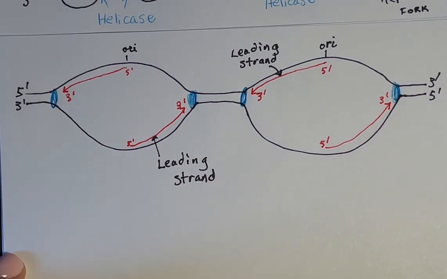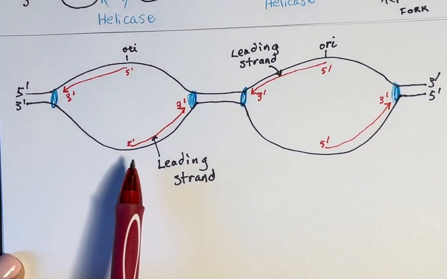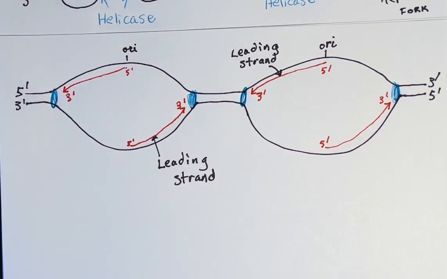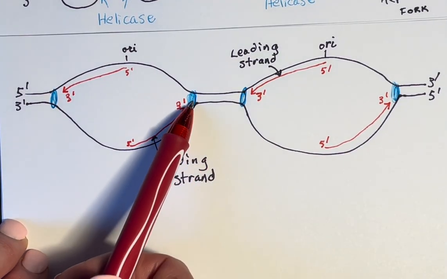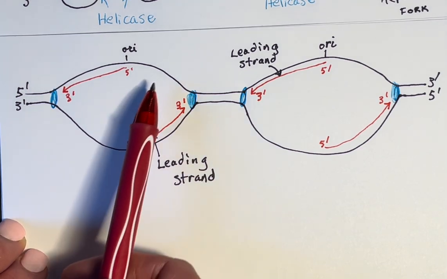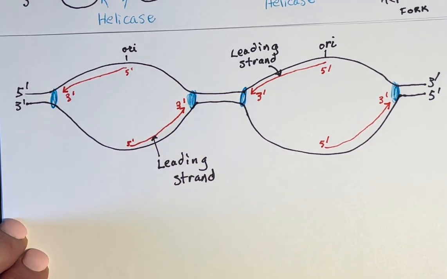So in each replication bubble, we have leading strands. Okay. Now, because of the way the helicase breaks the bonds, on the opposite side here, you don't get this continuous addition of bases.